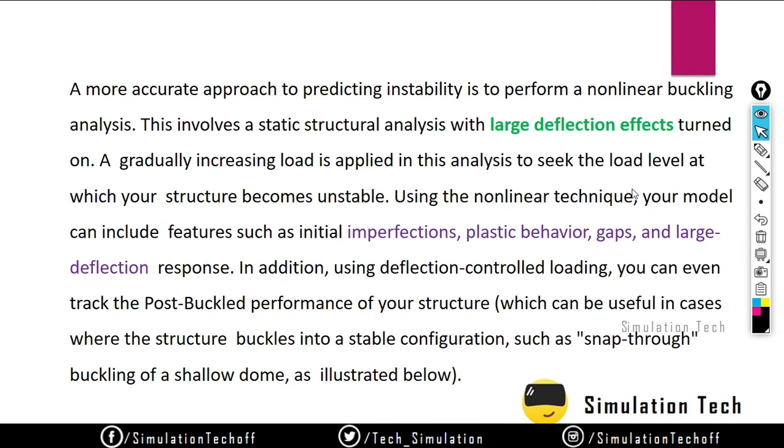The most accurate approach to predicting instability in your structure is a nonlinear analysis, like I said before. If you want a more accurate result, you can go for nonlinear buckling analysis. It involves a static analysis with large deformation. The next question that arises is: I go for nonlinear analysis, but how can I do that?